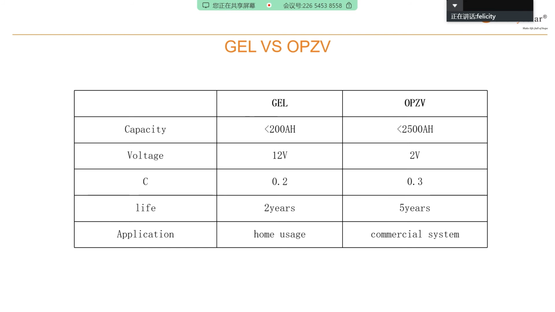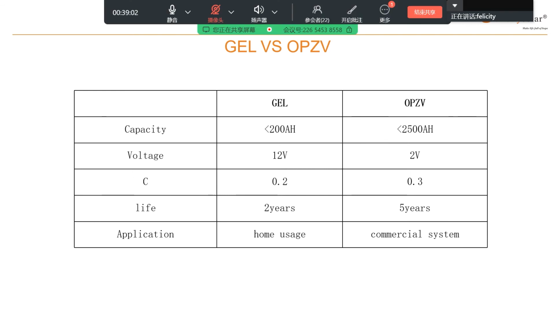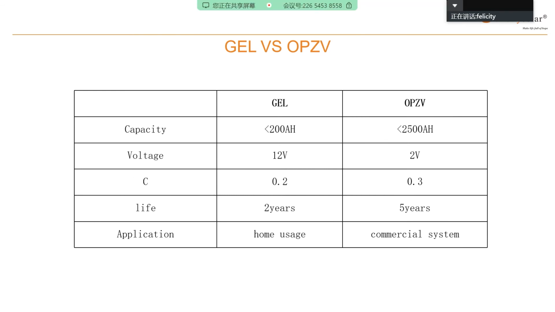This is the single piece capacity. But for the OPCV, you can buy 2,500 amps, normally starting from 500 amps, then 1,500.